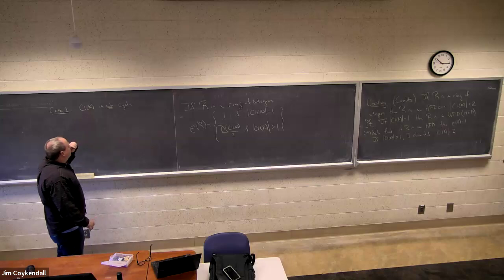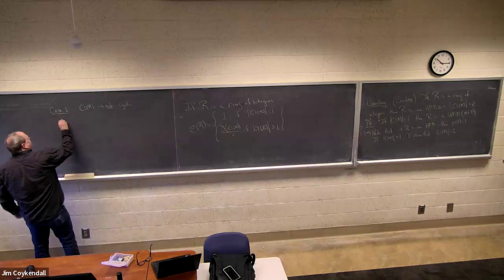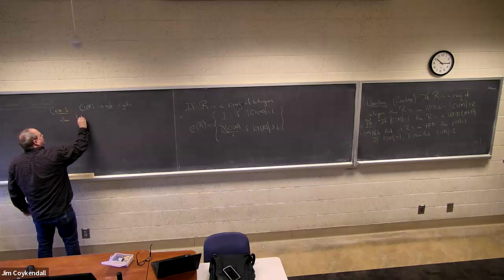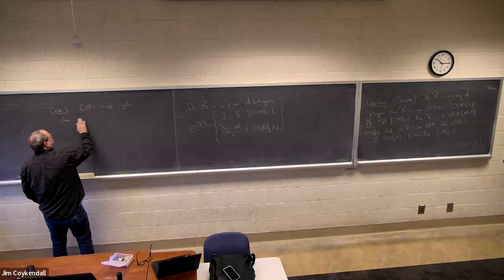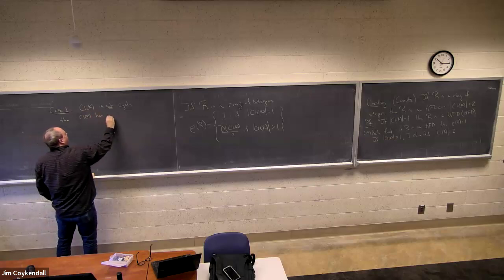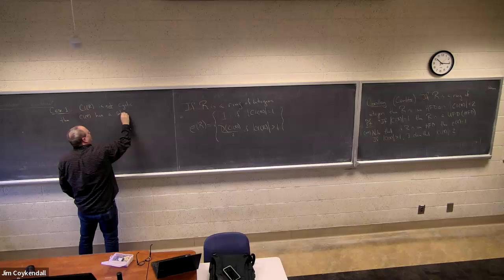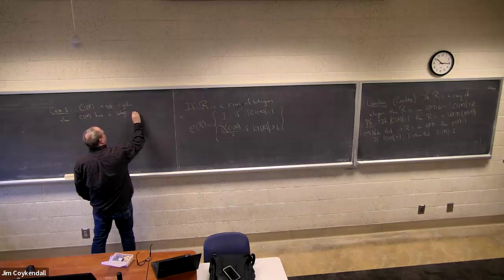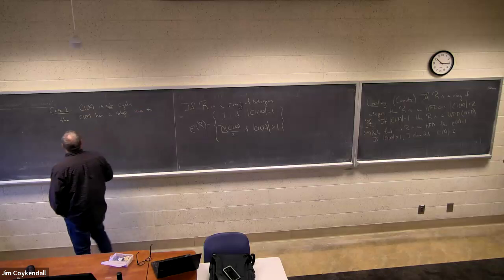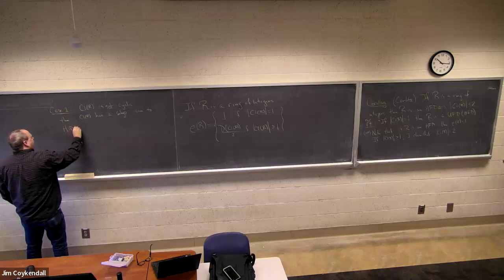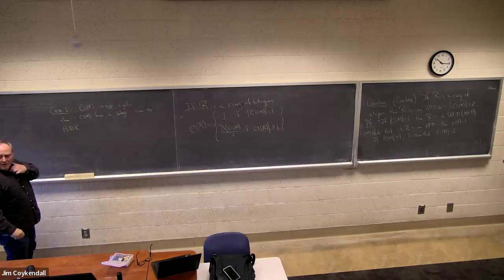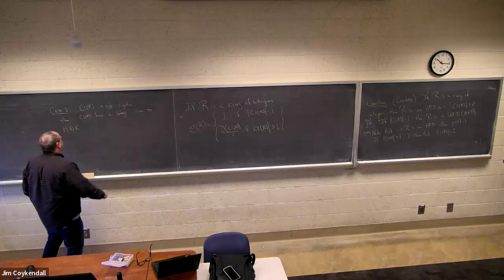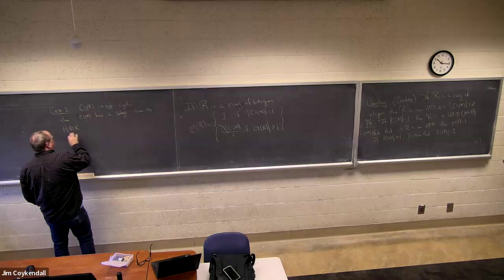So, case 1, let's suppose the class group is not cyclic. Then CLR has a subgroup isomorphic to H plus K, where H and K are nontrivial.